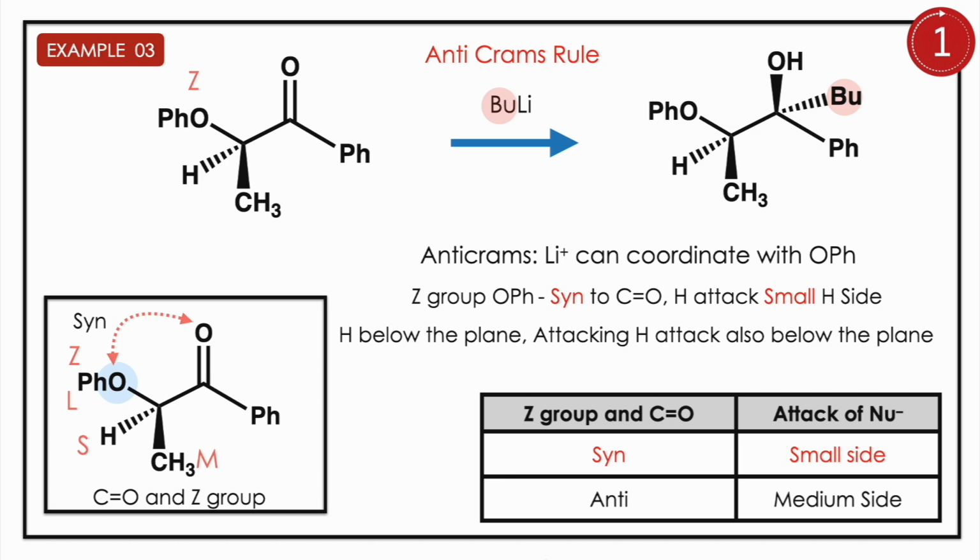So according to the table, Z group and carbonyl syn means small side attack. Here small is hydrogen, which is on the back side. So the attack happens on the back side. Hydrogen below, so Bu also below. So OH comes above. The final product: OH above, butyl group below the plane.